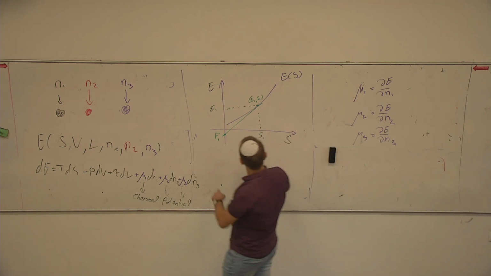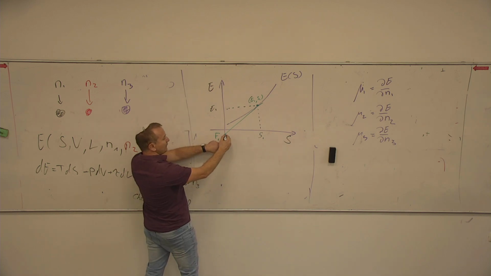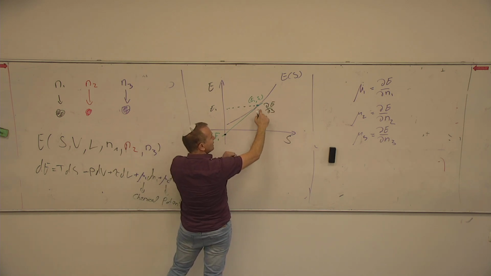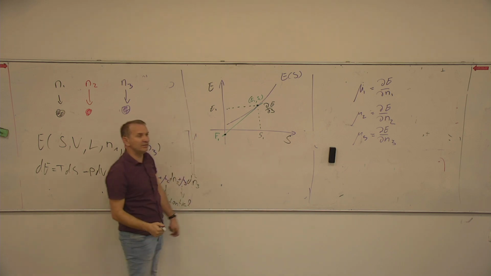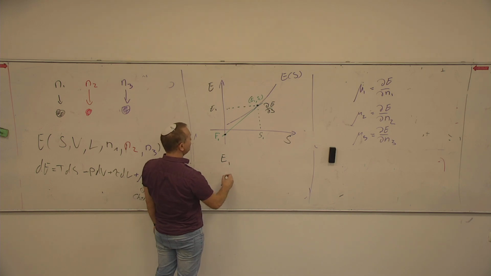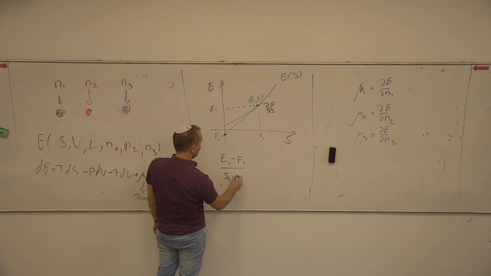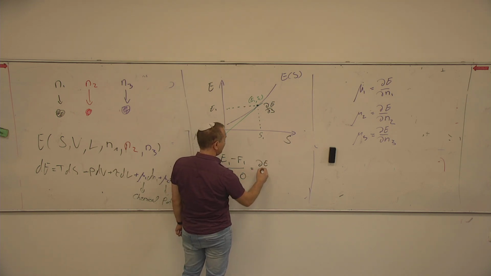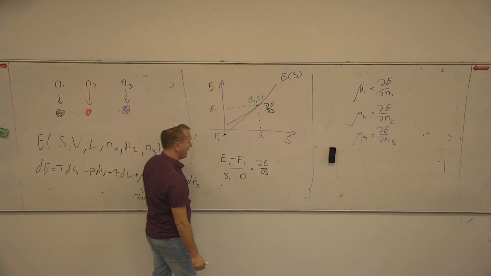I can do the following thing. What is dE/dS at this specific point? How do I obtain this slope? I can say it's actually E1 minus F1 divided by S1 minus 0, which equals dE/dS.